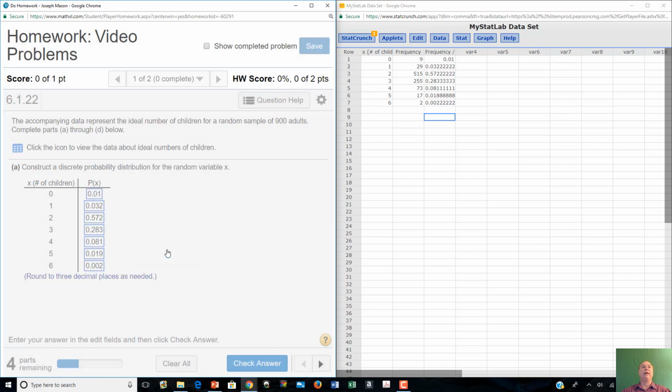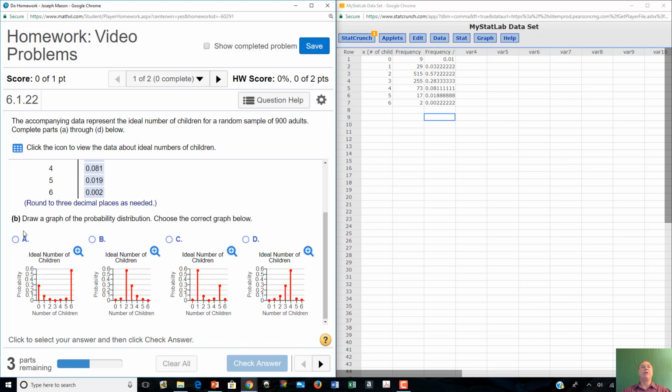Good, got them in. Now the next thing it wants to do is draw a graph of the probability distribution. Okay, so what we could do up here, we could go under stat. I like to do this, because we're going to have to answer some other questions here about the mean and the standard deviation. So I'm going to go under calculators here.